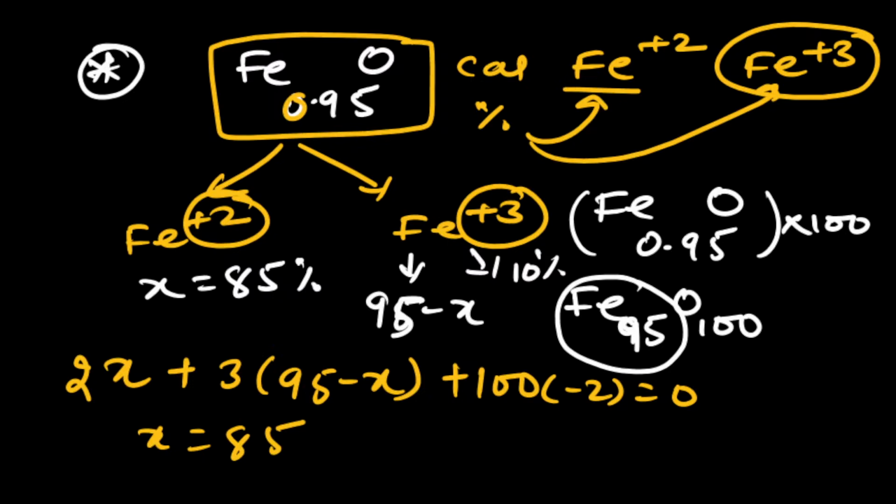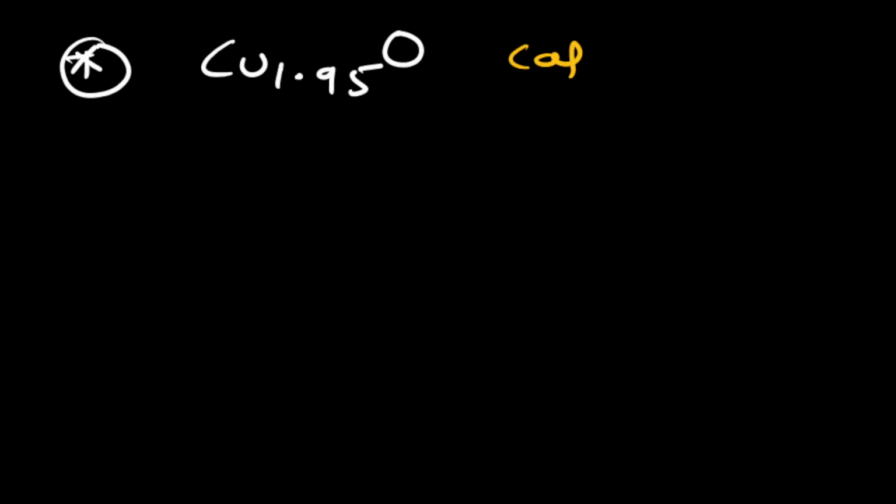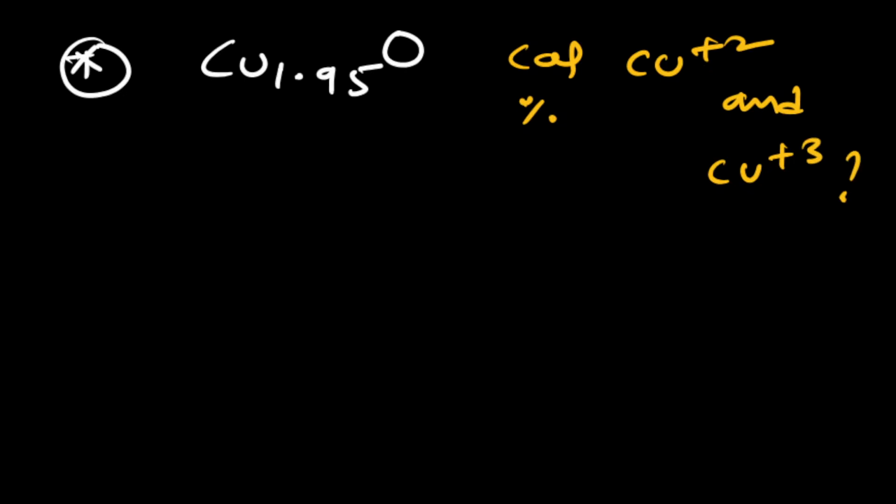If the fractional oxidation states are given, how much percentage of Fe +2 and how much percentage of Fe +3, how do you calculate? Now you have to tell me the answer for this one: the copper, in this form. Calculate the percentage of Cu +2 and Cu +3 in the compound.